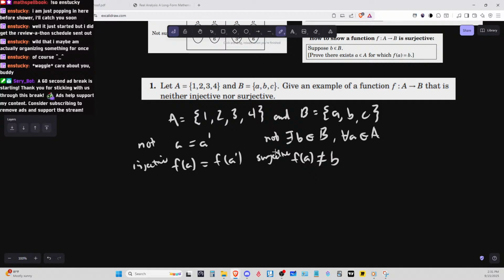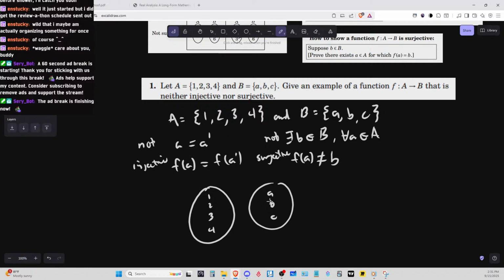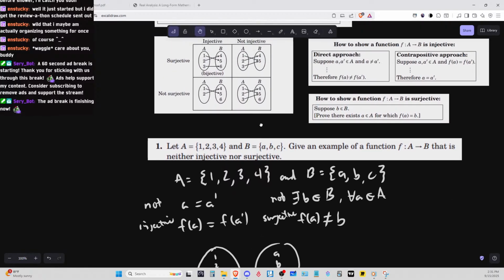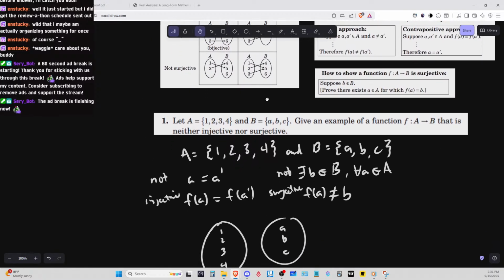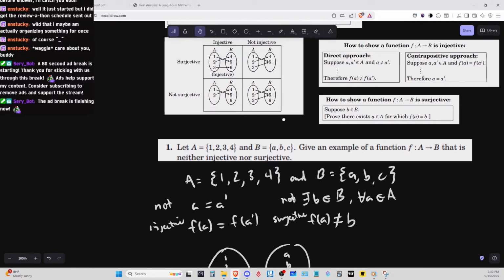If you do this as a diagram, you have 1, 2, 3, 4, and then you have A, B, and C. If we look at our examples in the graph that we saw, it's not injective and not surjective.